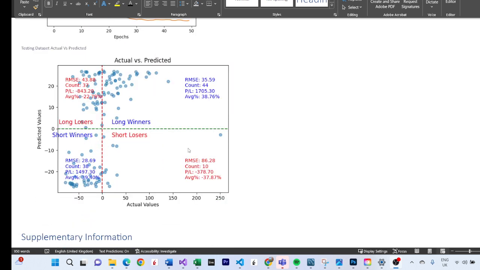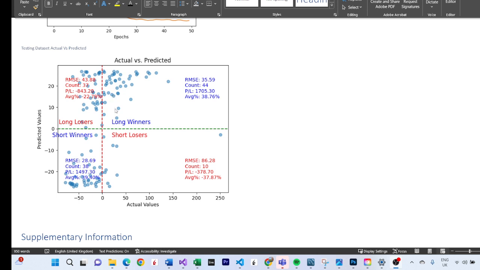And when we plot for our evaluation set all of our predicted values against actual values, this is a lovely graph, I think, that really shows you where things are. All these dots, if they're in short winners, then the algorithm would make you money.